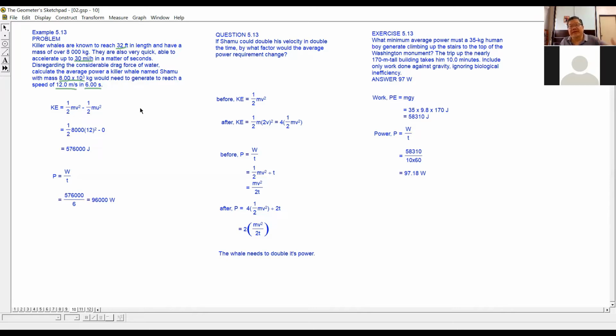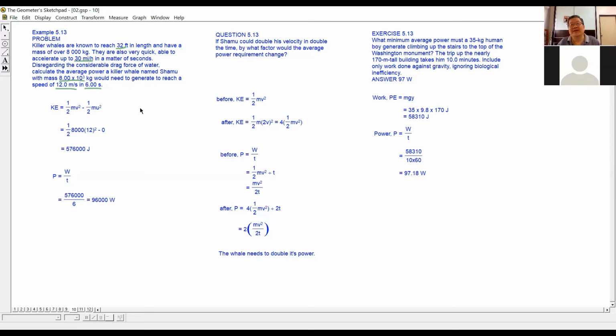So the question says to just disregard the friction, the resistance of the water on the whale. By just looking at the kinetic energy of the whale, you calculate how much power. But actually the power is more than this because it has to use up energy to overcome the frictional force, the water resistance.